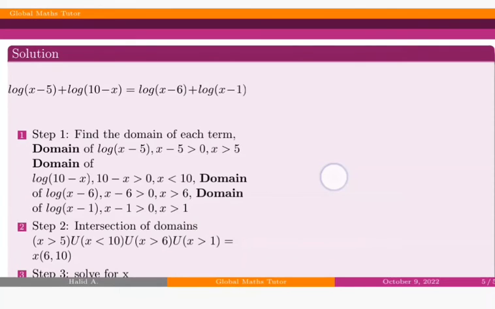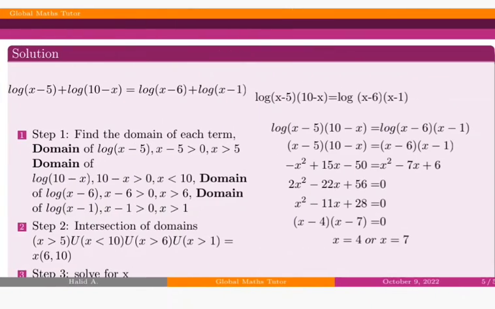So we can write these terms as logarithm of (x minus 5) times (10 minus x), which is equal to logarithm of (x minus 6) times (x minus 1), using the product logarithmic rule.